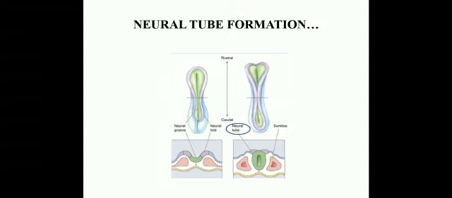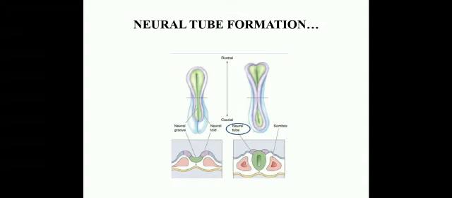Here we can observe the cylindrical structure which represents the neural tube. This neural tube loses its connection with the surface ectoderm. The process of formation of the neural tube is termed neurulation.